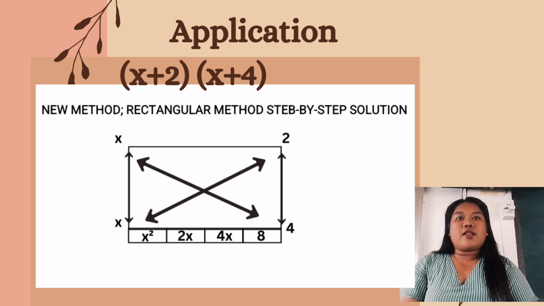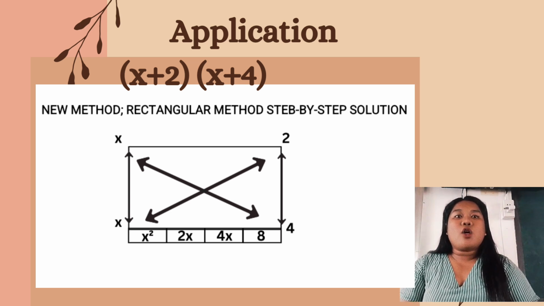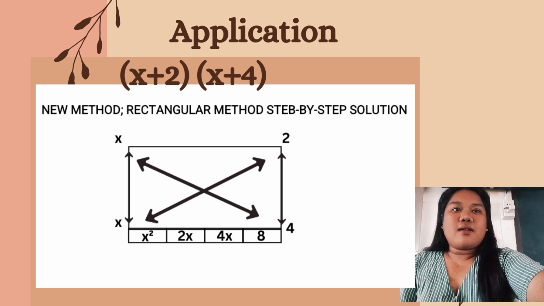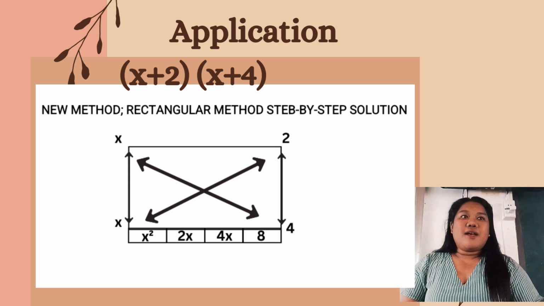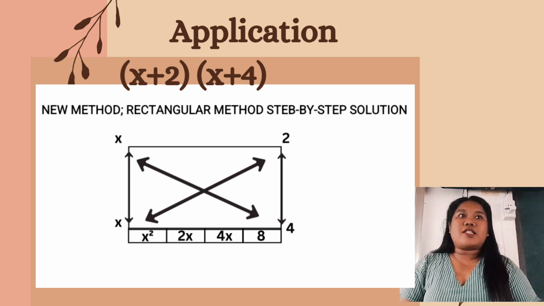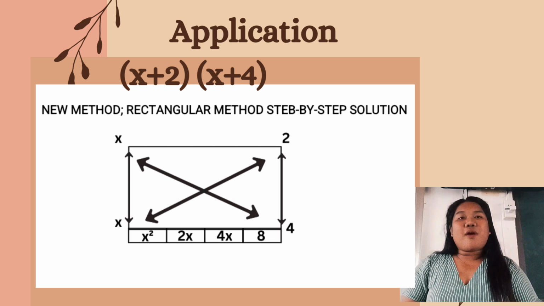So you are going to plot the first given on top and then the next given on the bottom, and then multiply the terms that are parallel to each other. I have here an arrow so you are guided. And that's it. We have our final answer, x squared plus 6x plus 8. And as you can see, we have the same answer as using the FOIL method.